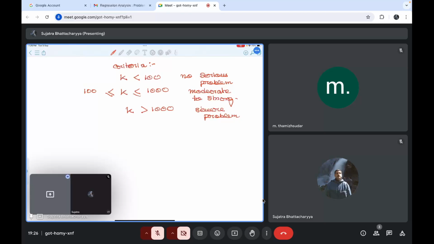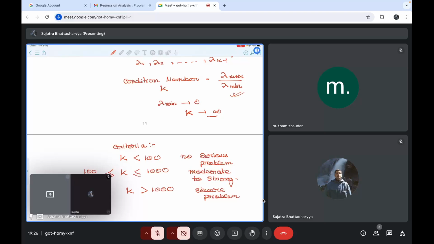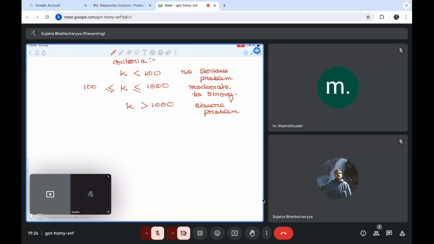For two regressors, it is fine to define it like this. But what about when you have k minus 1 regressors? Check for the largest lambda or eigenvalue. So kappa 1 will be lambda max divided by lambda 1, kappa 2 will be lambda max divided by lambda 2, and so on, whatever you want to see.